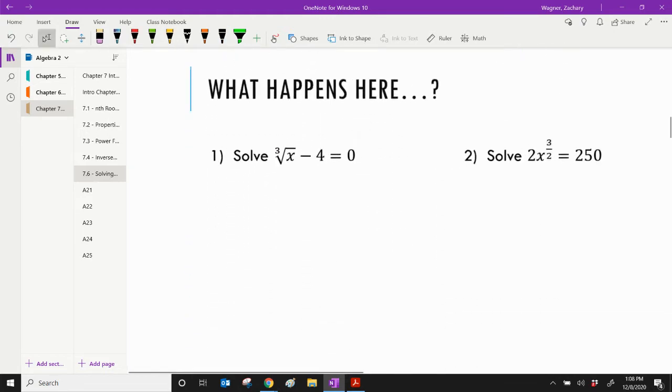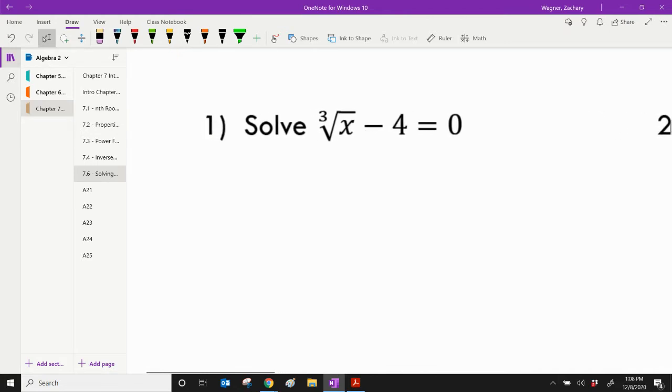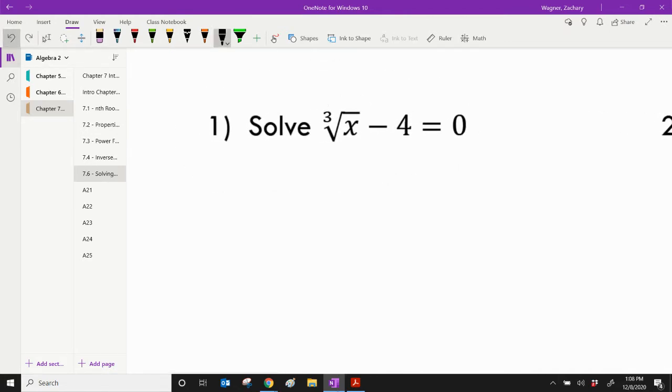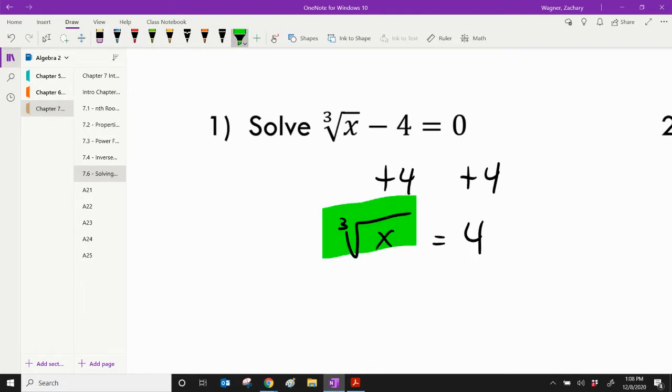But what happens here? Notice I want to get this all by itself. In order to do that, you need to isolate the term that has your variable. So flip this over there, and you get this equals 4. Now there are two ways to think about how this is going to be solved.